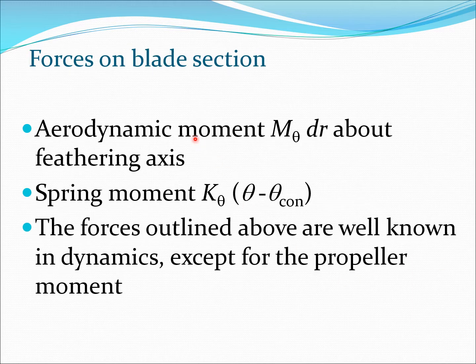The aerodynamic moment is m theta dr about the feathering axis, and the spring moment is k theta times theta minus theta con. We put minus theta con here because we are going to remove the control part and only consider the flexibility part. All these forces outlined are pretty well known in dynamics except for the propeller moment, so we'll spend a little bit of time explaining the propeller moment.